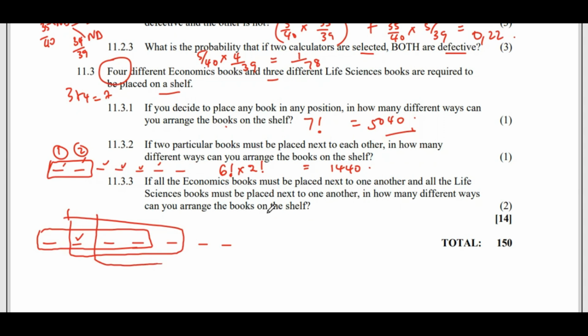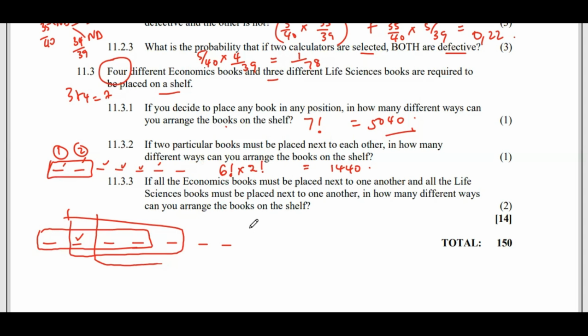So I'm just going to say the 4 books switch within themselves, because it's not only the economics books that we're focusing on. So I'm going to have 4 factorial, and then with the life sciences, which are 3, I'll also say 3 factorial.